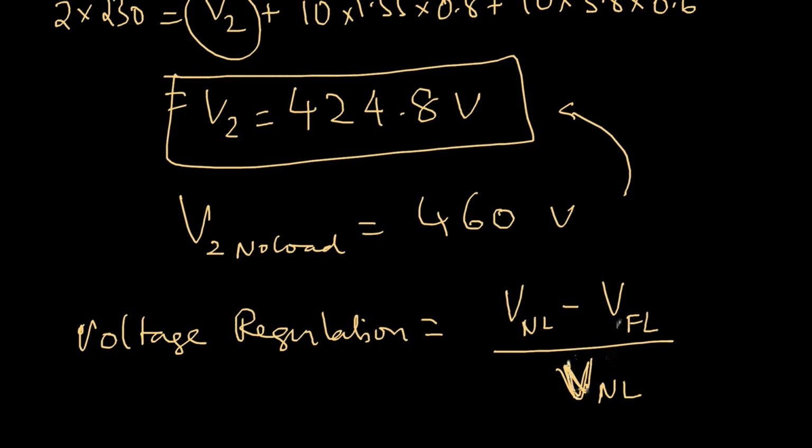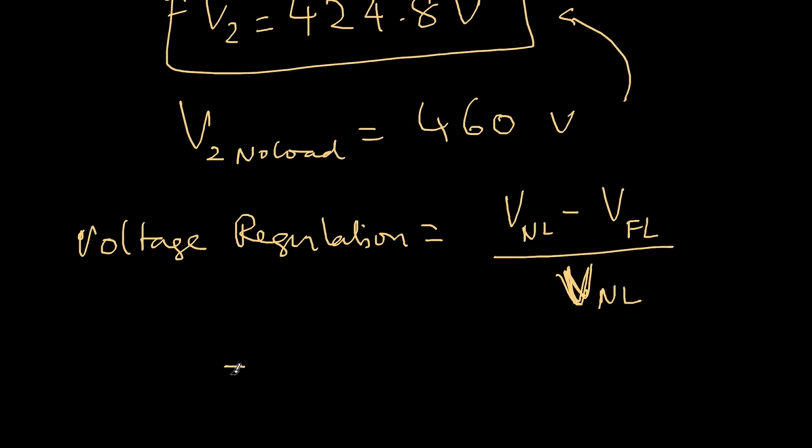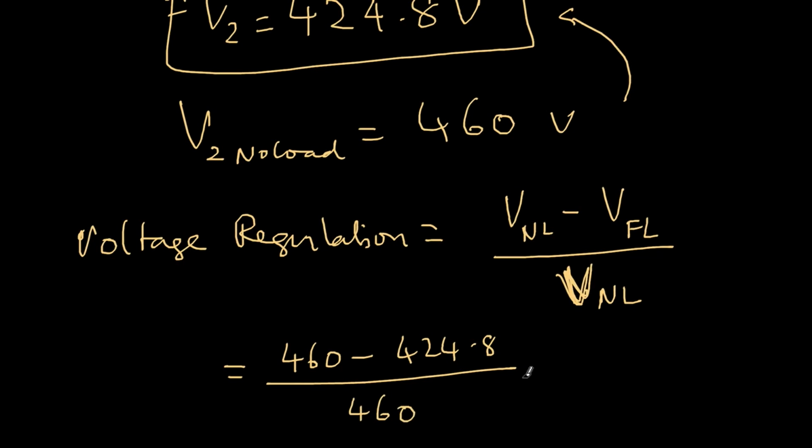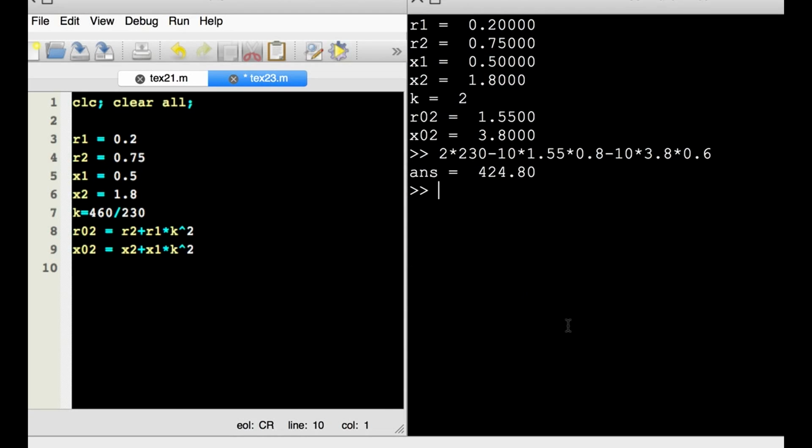So we have to find the percentage voltage drop. 460 volts is the no load voltage, minus 424.8 is the loaded voltage, divided by 460.